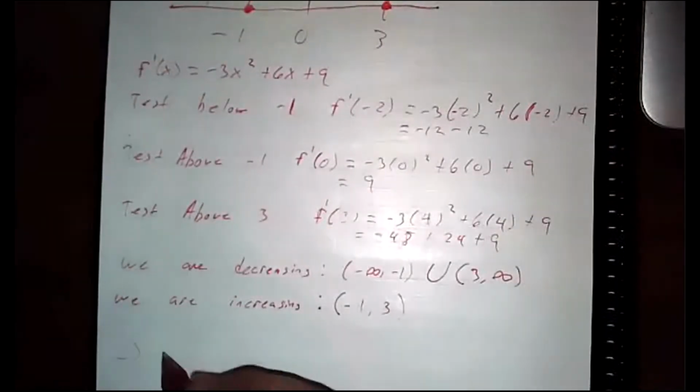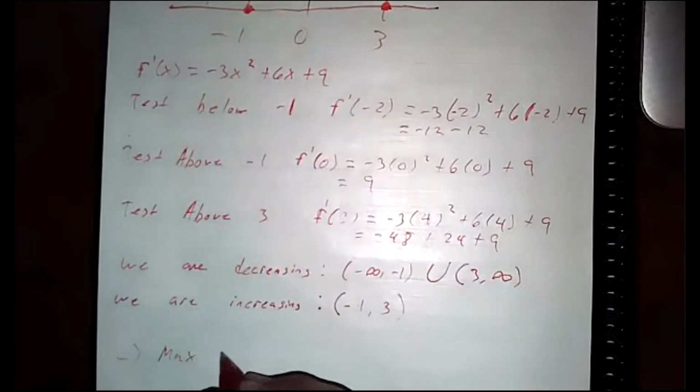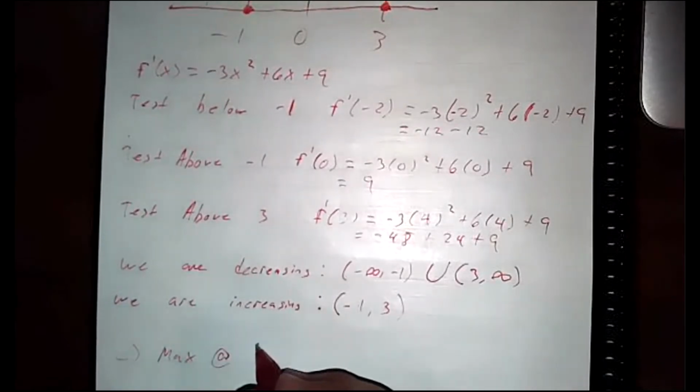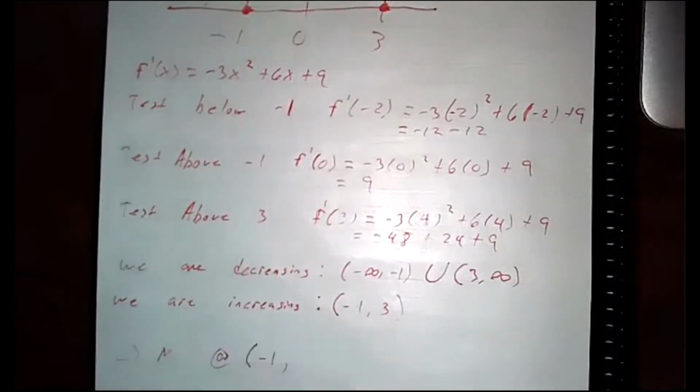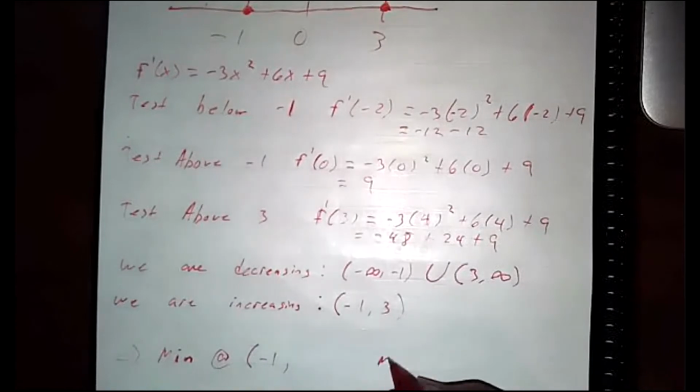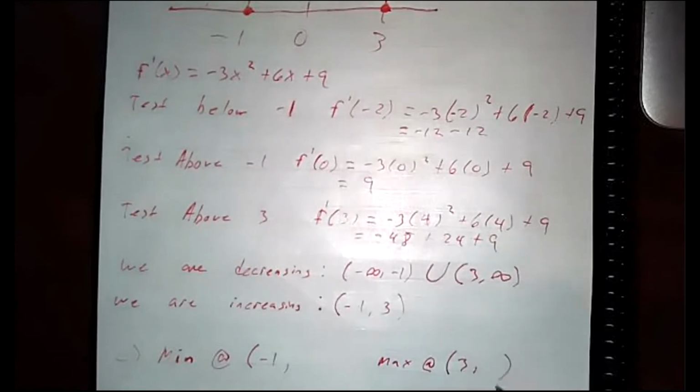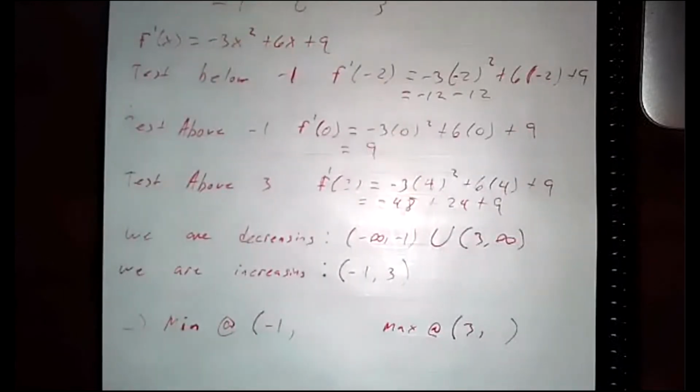So part C, max at -1, comma, whatever it is. Oops, sorry, minimum. Max at 3, comma something. I forgot what the numbers were. Let me check.